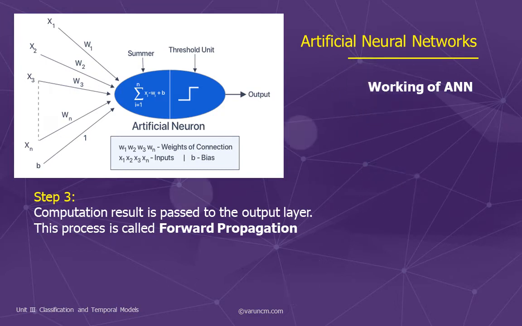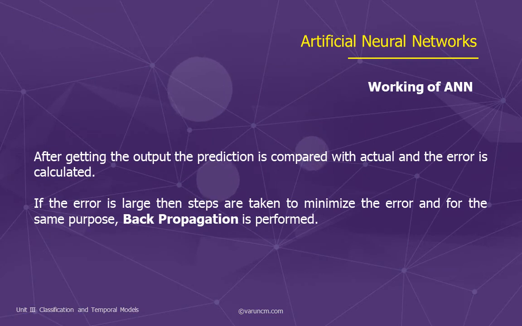So this artificial neural network works based on forward propagation. Next we are going to look into back propagation. When you have obtained your output, you are going to compare the predicted output with the actual output.